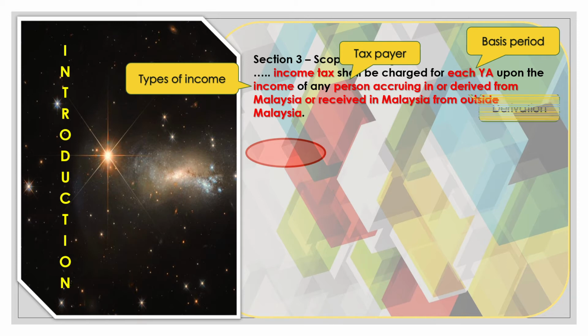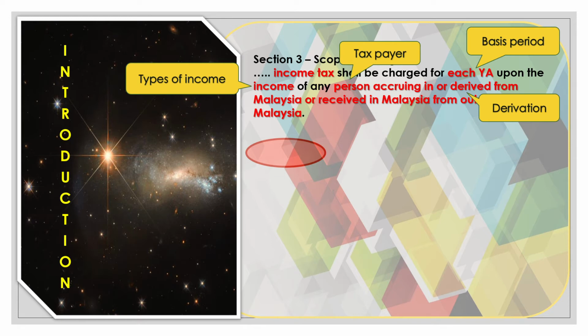And then we are also talking about derivation. Derivation of income, because apart from the particular period in which it will be taxed, we also want to know whether the source of income is a Malaysian source or a foreign source, because as you all know, Malaysian source income will be taxed in Malaysia.